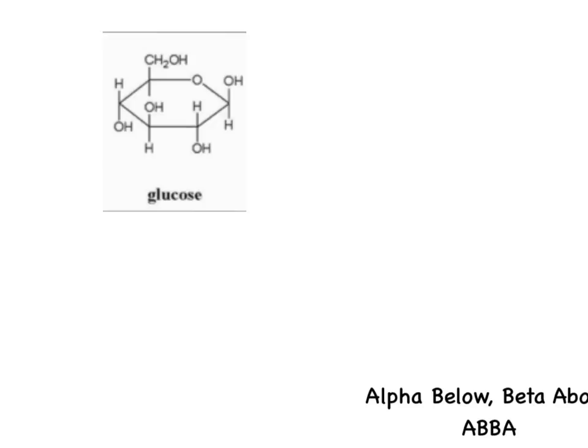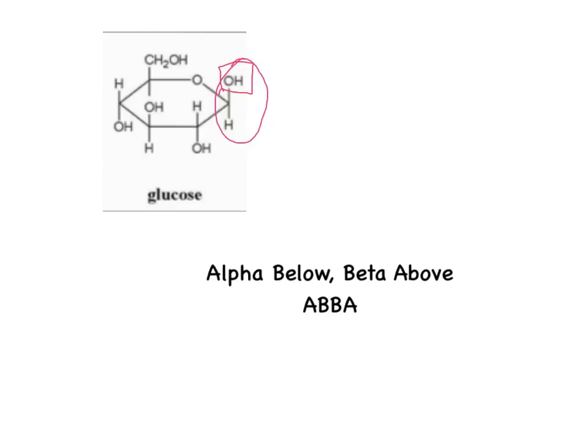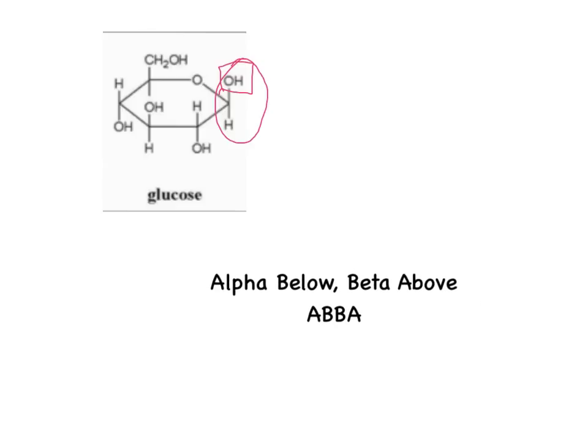You will notice that the difference occurs specifically with the OH group on carbon number 1. In alpha glucose, the OH group on carbon number 1 is below the plane of the ring, and in beta glucose it is above the plane of the ring. Perhaps the easiest way to remember this is ABBA: alpha below, beta above.